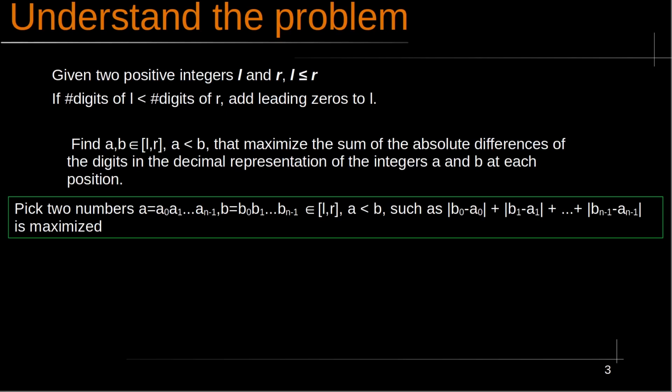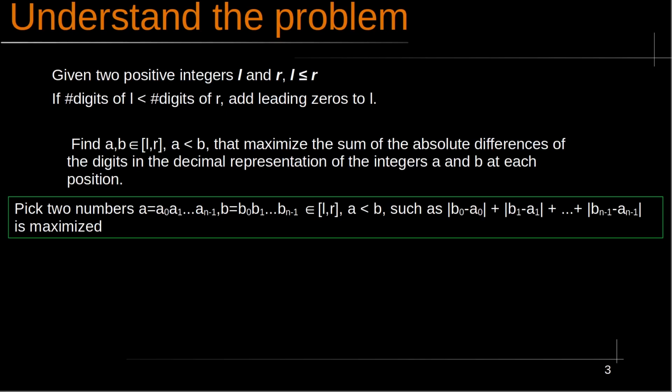We have to find two integers, A and B, in the range L to R inclusive, such that A is less than B, that maximize the sum of the absolute differences of the digits in the decimal representation of the integers A and B at each position. Of course, it might be that A is equal to L and B is equal to R.